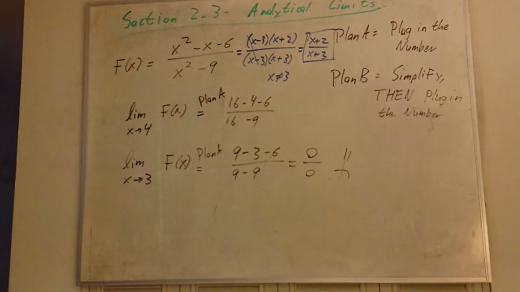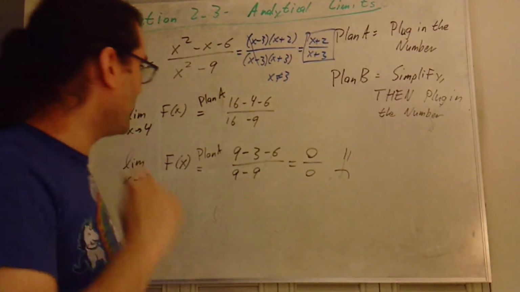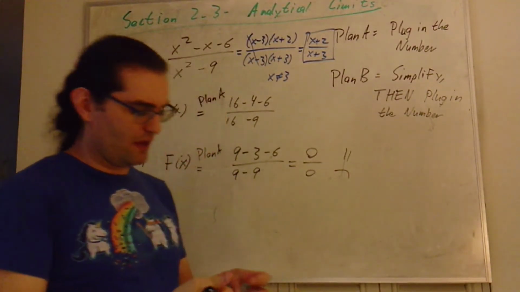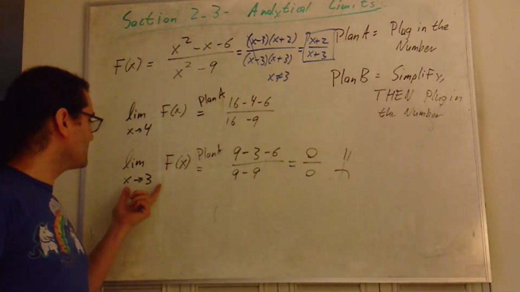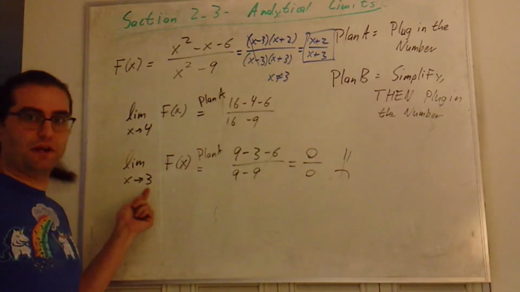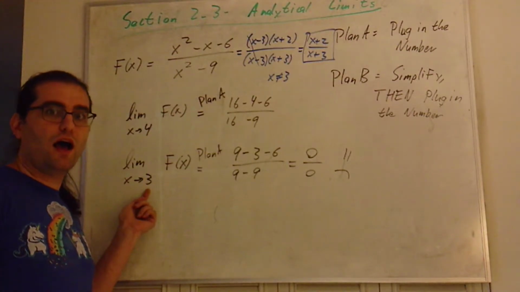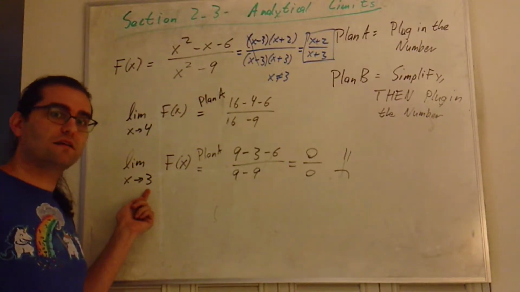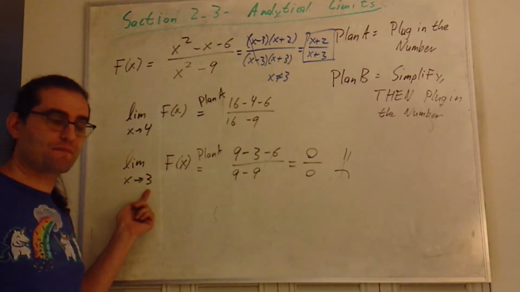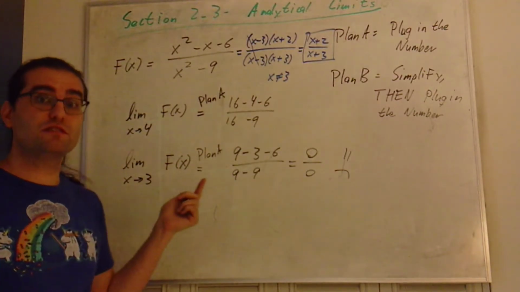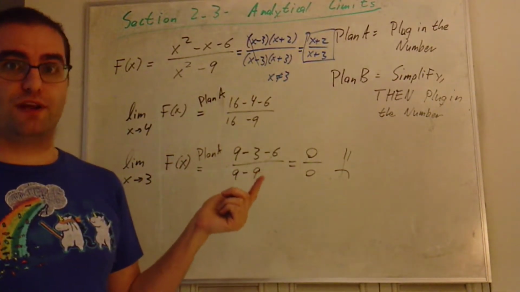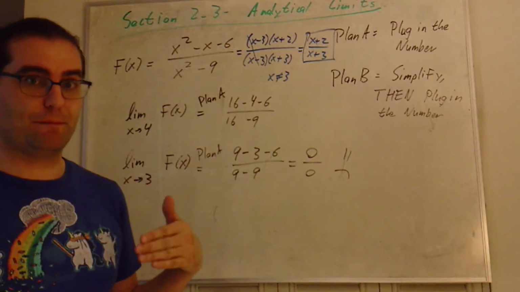So here's what's really, really beautiful about limits. If I'm asking for the limit as x approaches 3, x is not 3. It looks like it's going towards 3, but it's not 3.